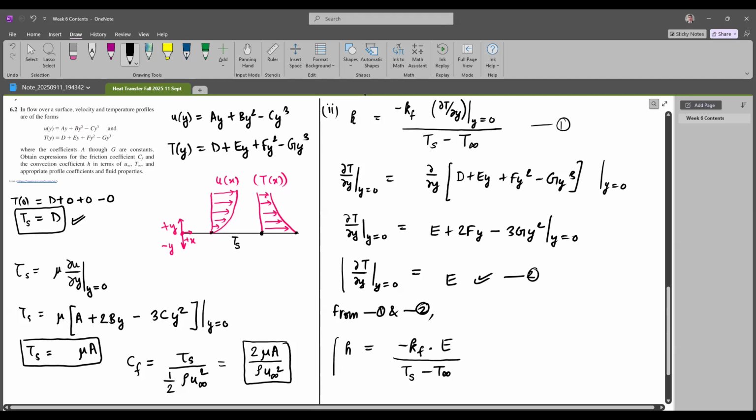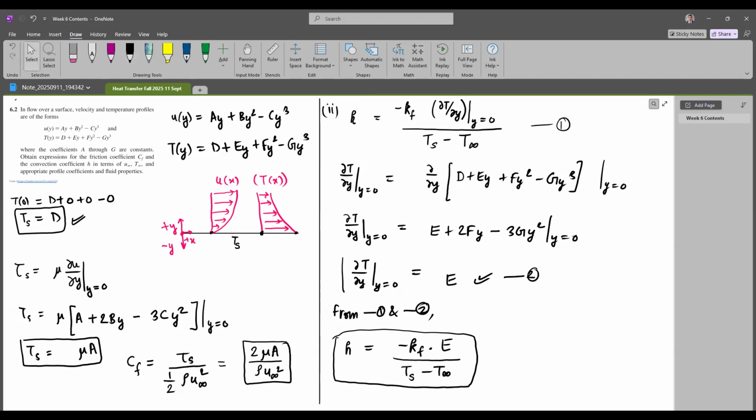We got the heat transfer coefficient as well. That's all this problem requires. Pretty straightforward problem. Okay, moving on to the next problem.